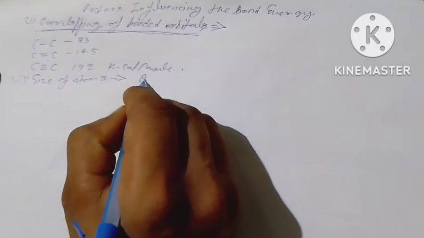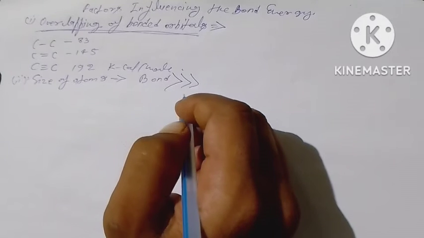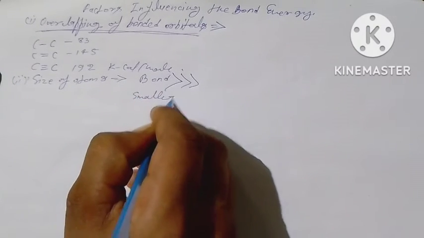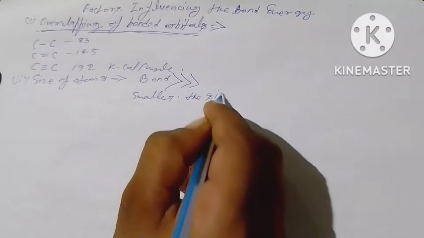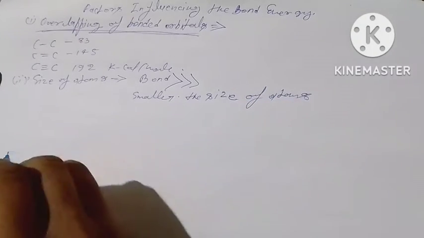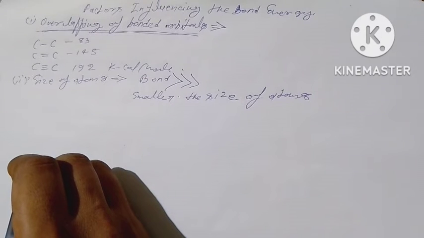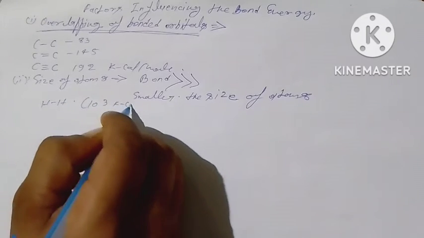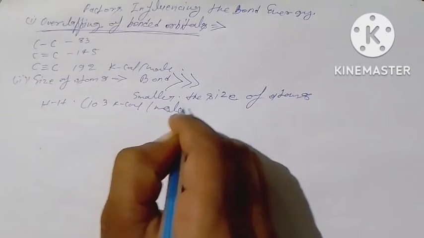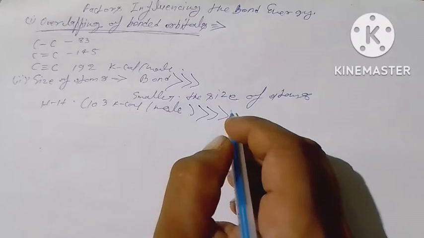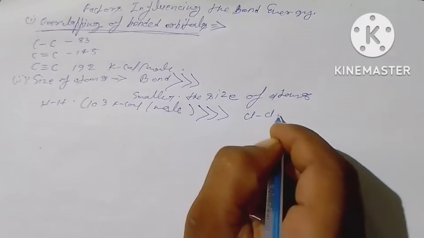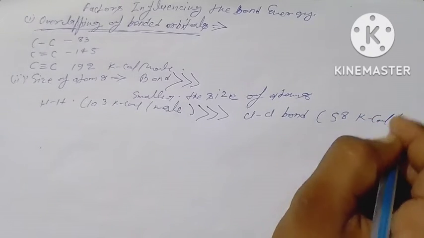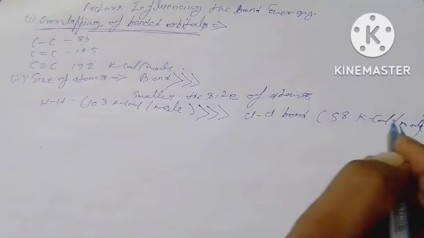For example, the hydrogen-hydrogen bond energy is 103 kilocalorie per mole, which is greater than the chlorine-chlorine bond energy, 58 kilocalorie per mole.